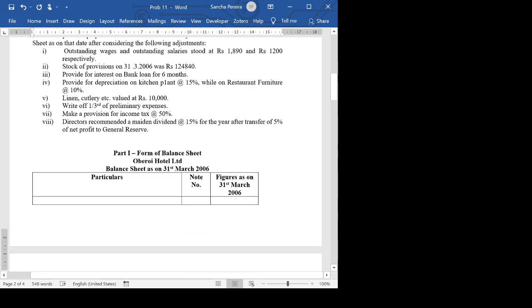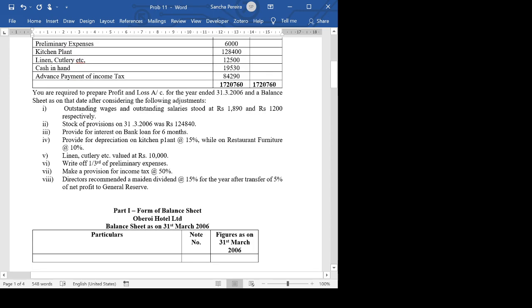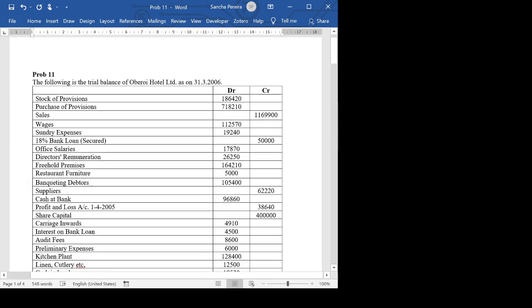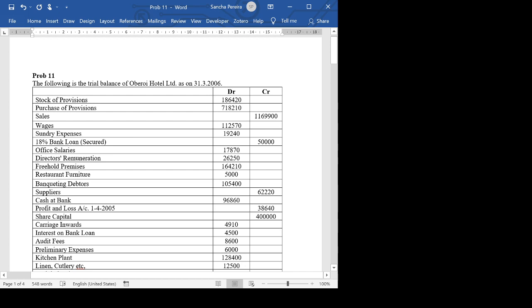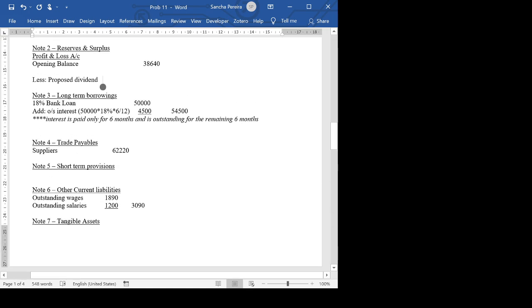It's 15% of 4 lakhs, which comes to 60,000.